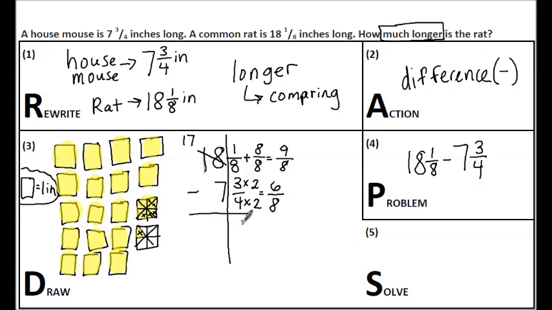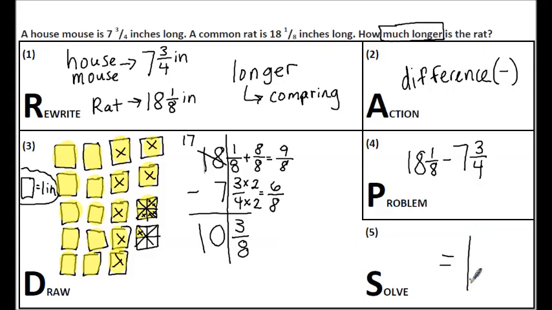Now I have these 17 boxes, so I'm going to take away 7 of them. And 17 minus 7 we see is 10. So all of the pieces with X's on it are the inches that the house mouse matched up with the rat. But everything that's left over is showing how much bigger the rat is.